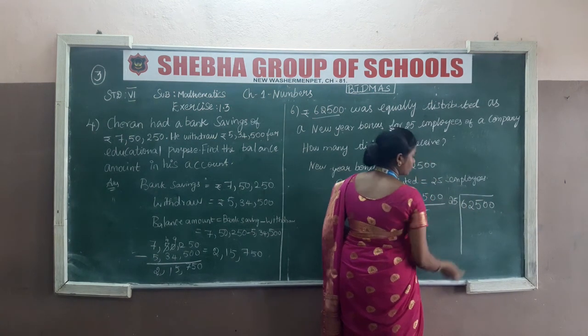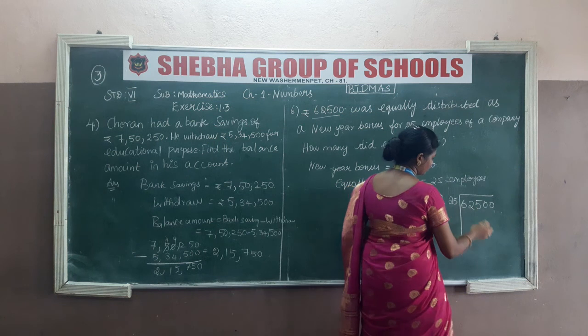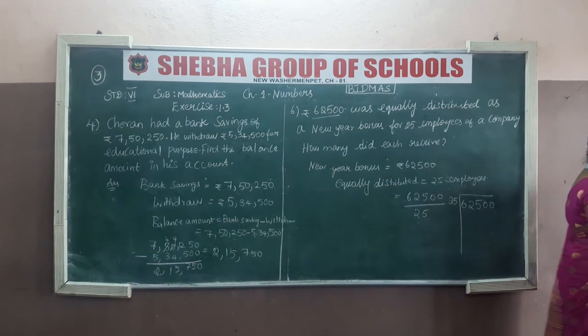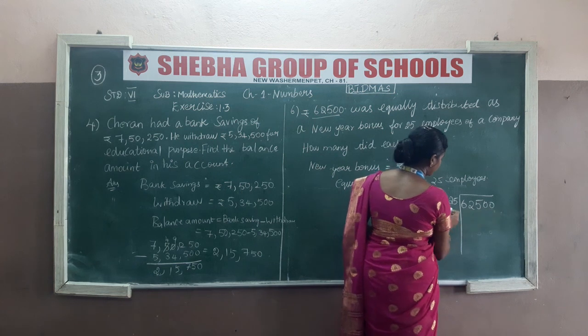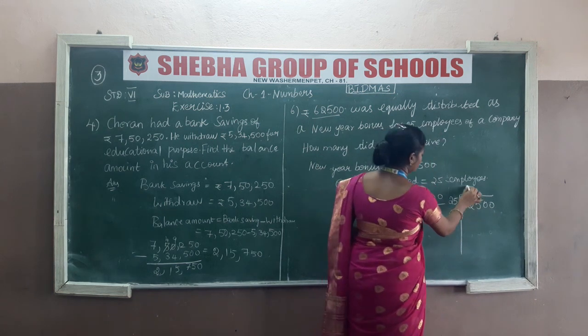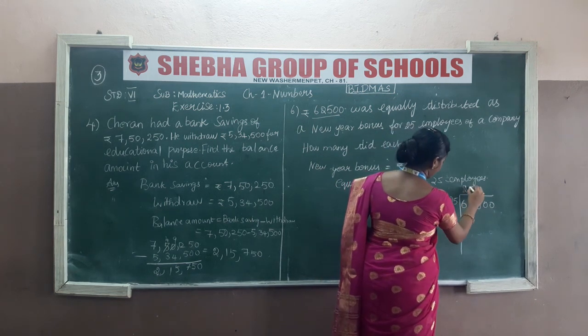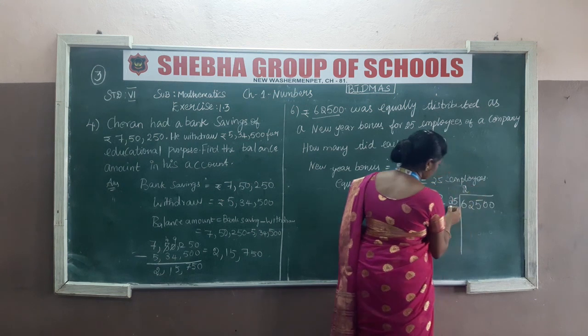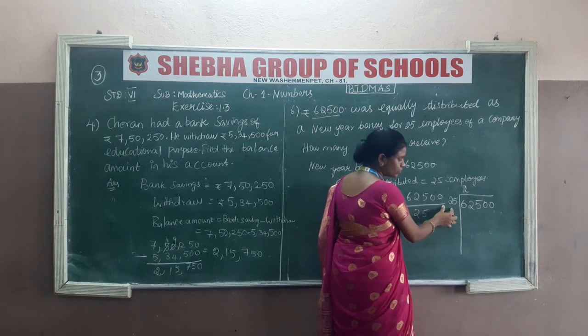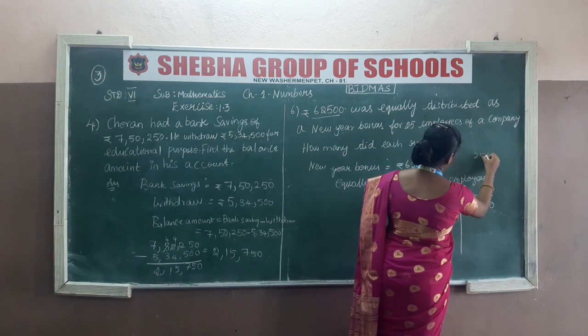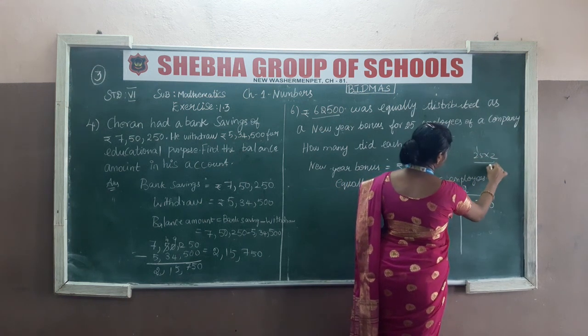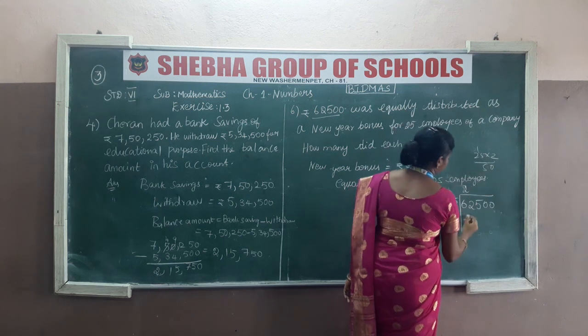25 tables, 25. So we have to divide 62,500 divided by 25. First 25 twos are, 2 5s are 10, 2 2s are 4, balance 50.